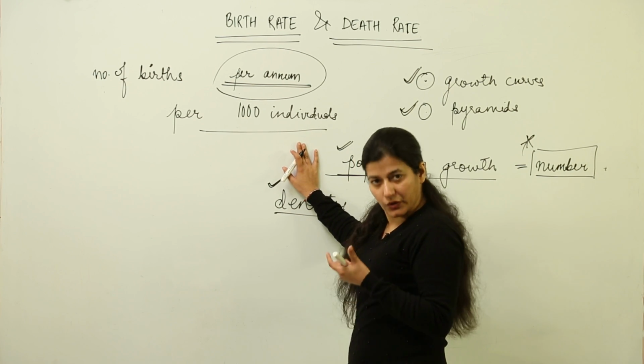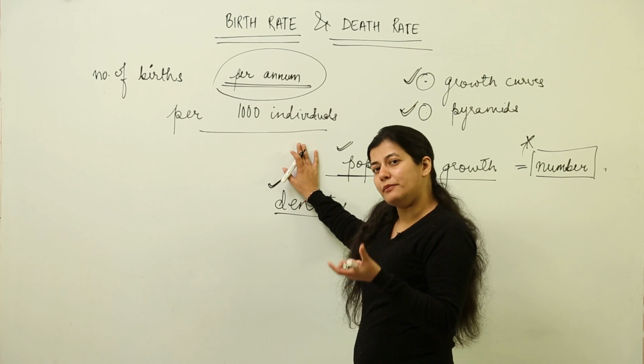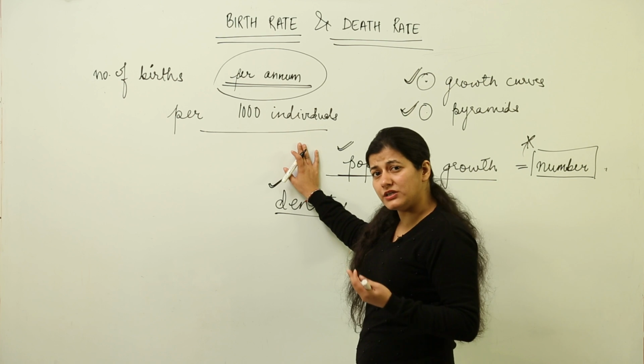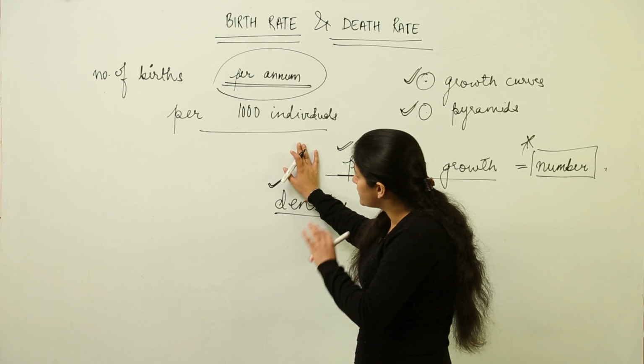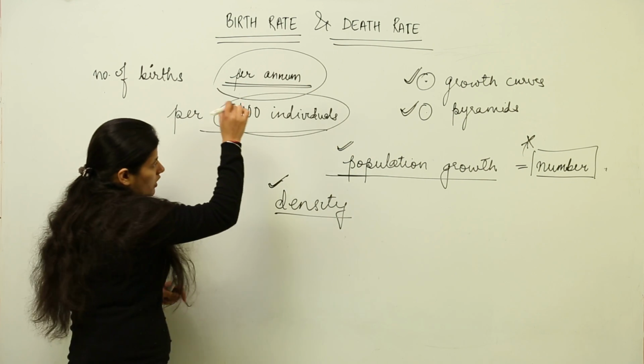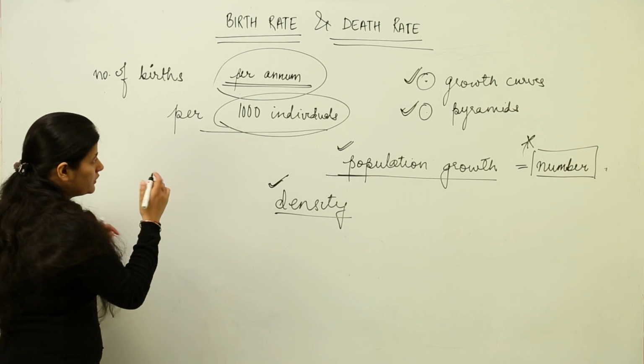So the birth rate would be the ratio between the number of new plants and the number of plants originally present. Supposedly we have 1,000 individuals at the beginning of the year.